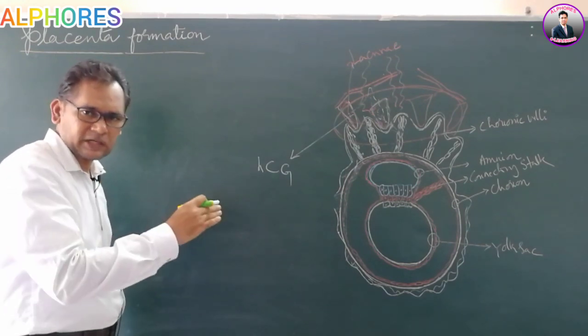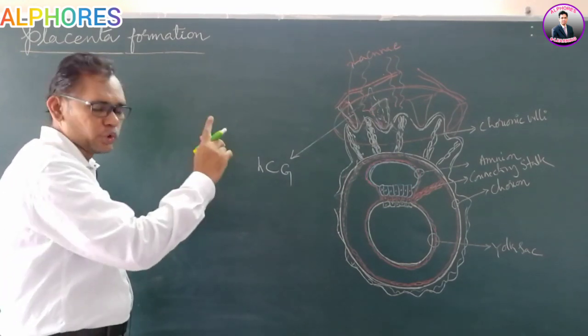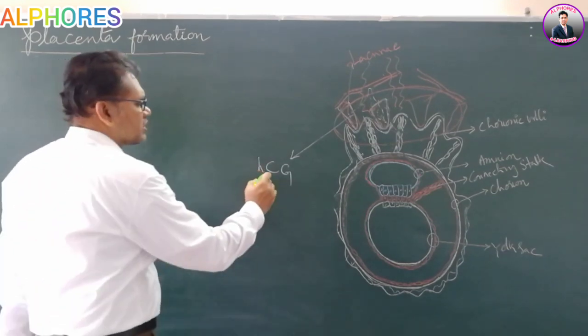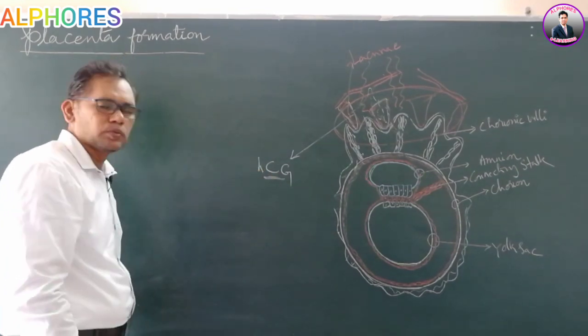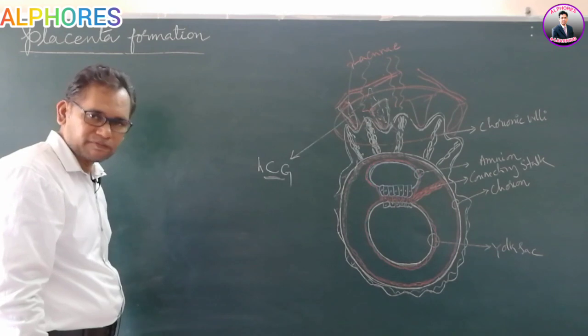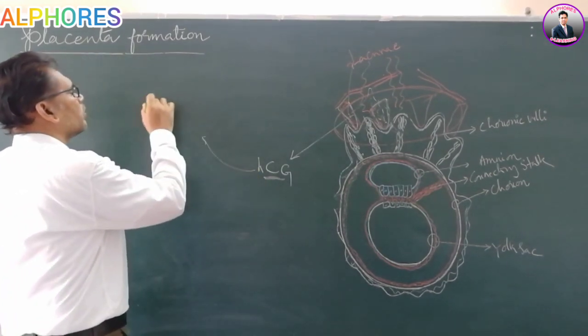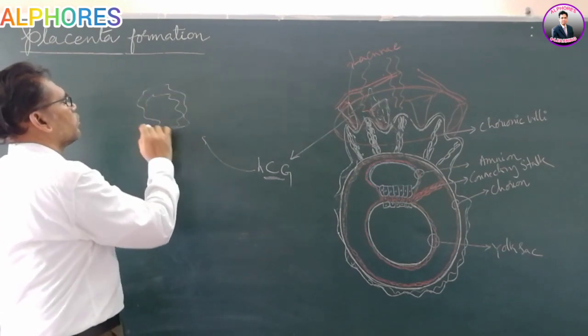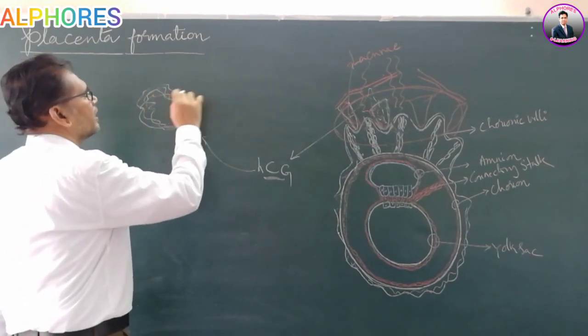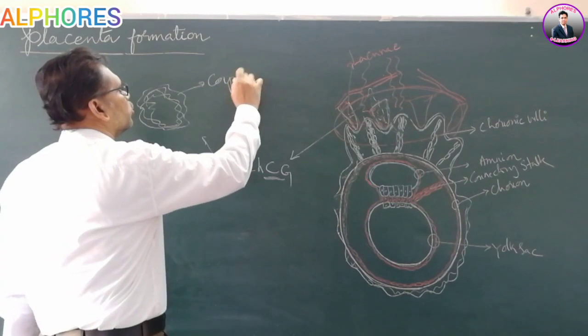Now, soon after attachment to the uterine endometrium, it produces human chorionic gonadotrophin. Now, this human chorionic gonadotrophin acts on which structure in the ovary? This is nothing but the corpus luteum.